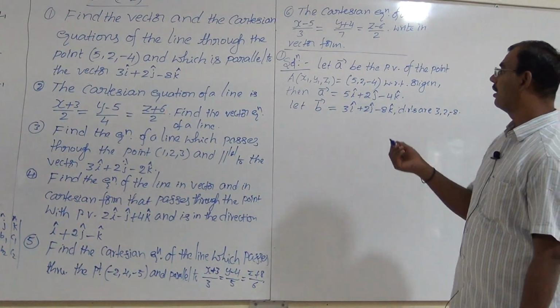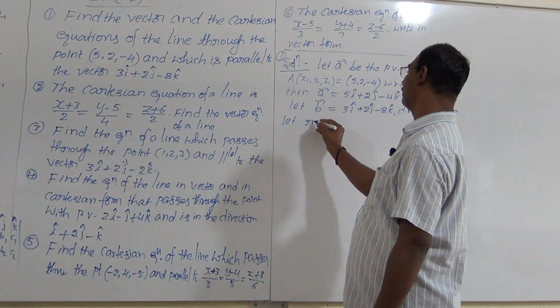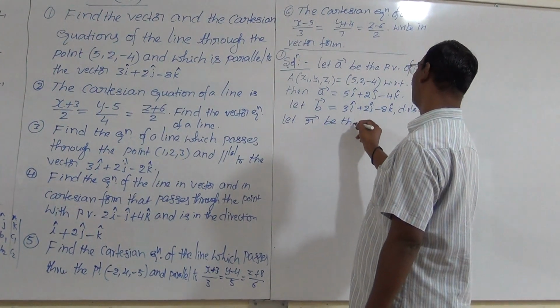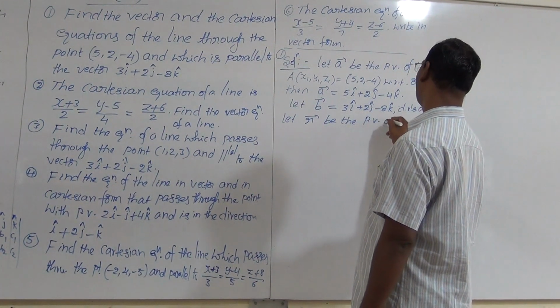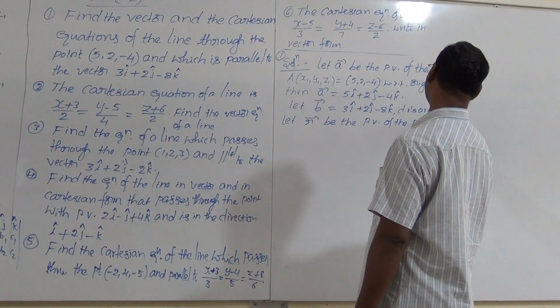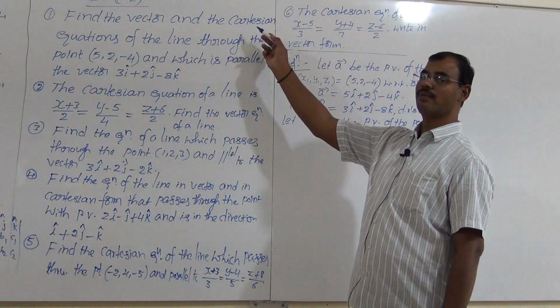General vector: let r bar be the position vector of the point P. Now the question asks for the vector form.